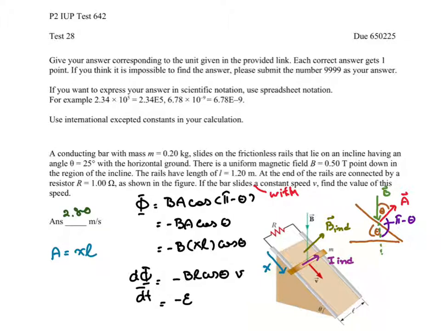Where this L should be the width, which means the distance between these two rails.